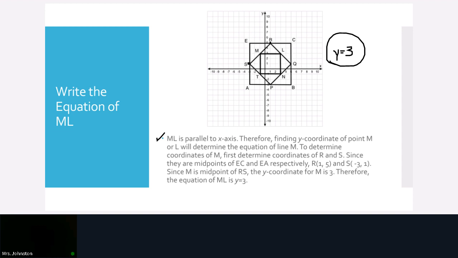Since M is the midpoint of RS, the y-coordinate for M is 3. How do we know that? We add up the 5 plus 1, 6, and divide by 2, so it's 3. Therefore, the equation of ML is y equals 3. So if you didn't have the picture, you could still calculate it. But because they put this on a graph for you, you already know that ML lies on the line y equals 3.